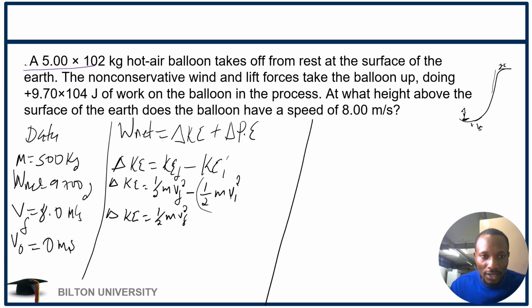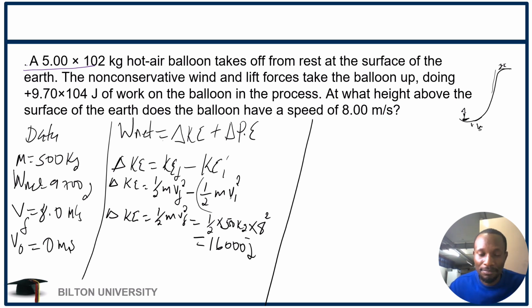That leaves us with the final velocity, which gives us 1/2 times the mass of the balloon, which is 500 kilograms, times the velocity at which it was moving, 8 meters per second squared. That is 250 times 64, and that's going to give us 16,000 joules. So this is the change in kinetic energy.